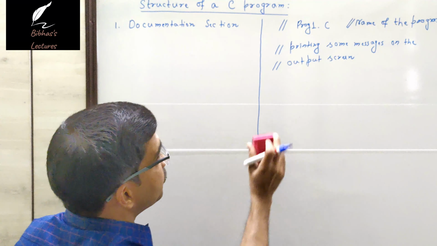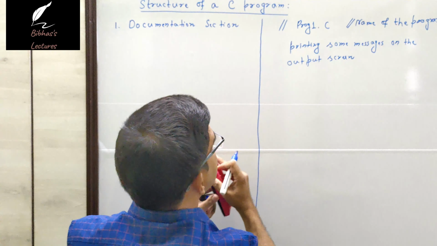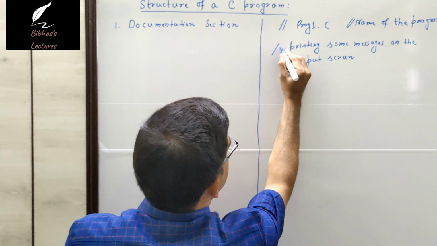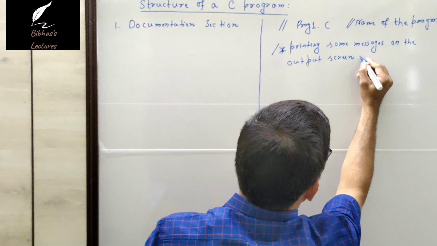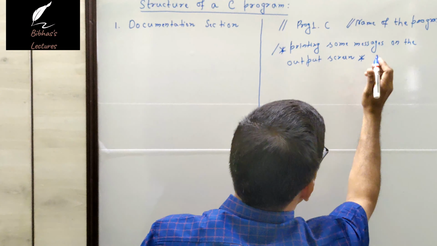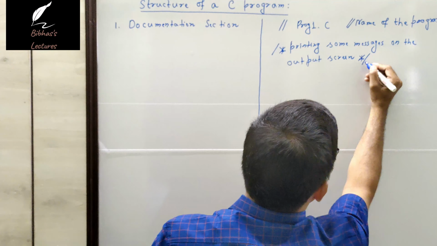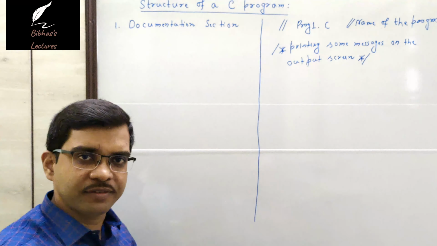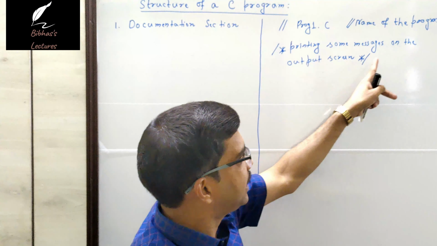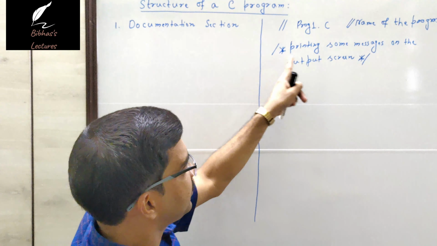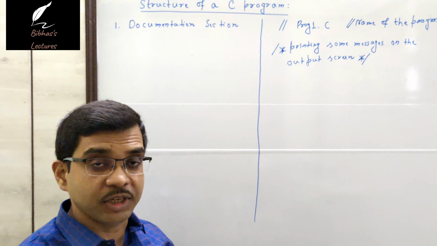Now if you want to use multi-line comments, you have to use this symbol: slash asterisk. Then at the end of the last line, you have to mention asterisk slash. So this entire thing inside slash asterisk and asterisk slash will be skipped by the compiler.